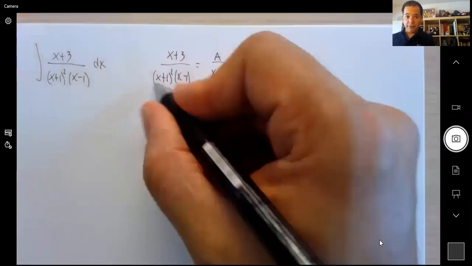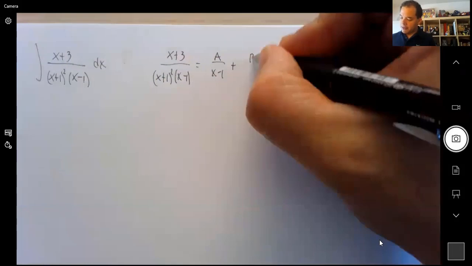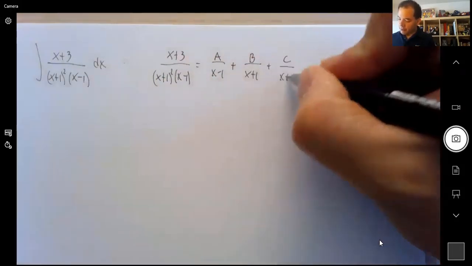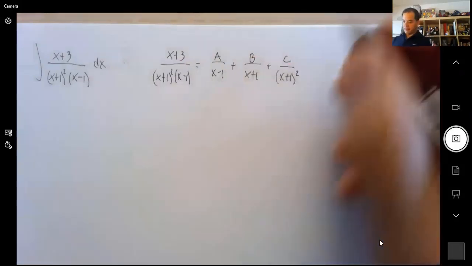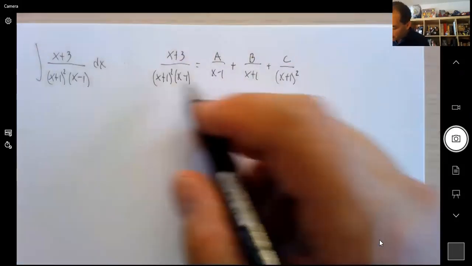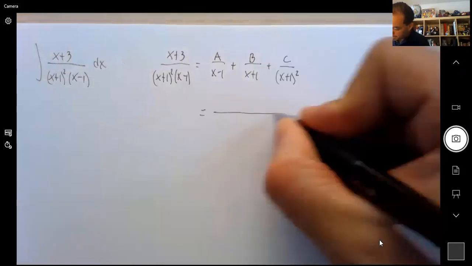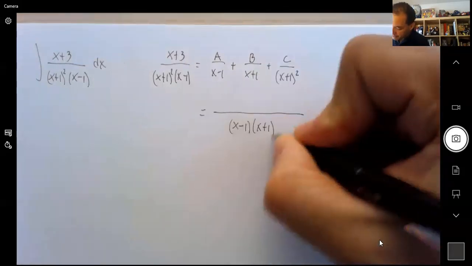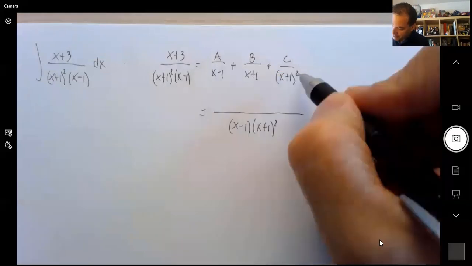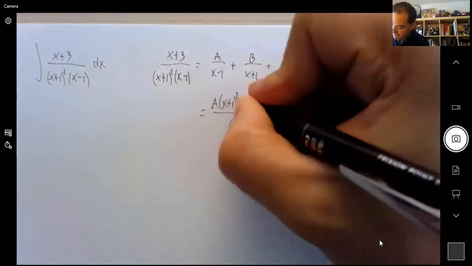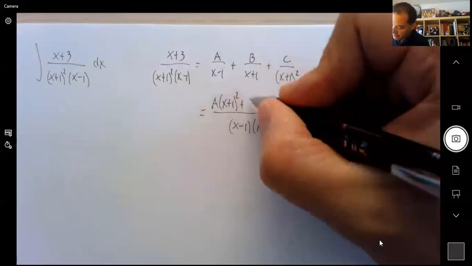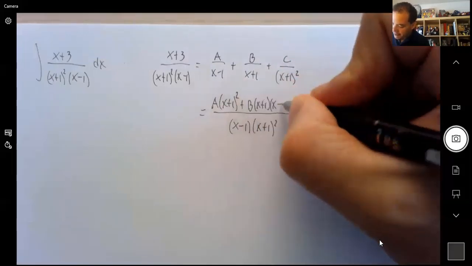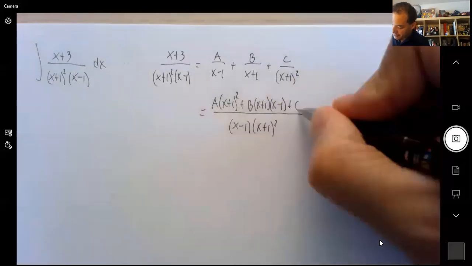And now this one is repeated, so you want b over x plus 1 and c over (x plus 1) squared, because it's repeated. Then when you do the common denominator, this one I need to multiply by (x plus 1) squared. This one I need to multiply by (x plus 1) and (x minus 1). And this one I just need to multiply by x minus 1.